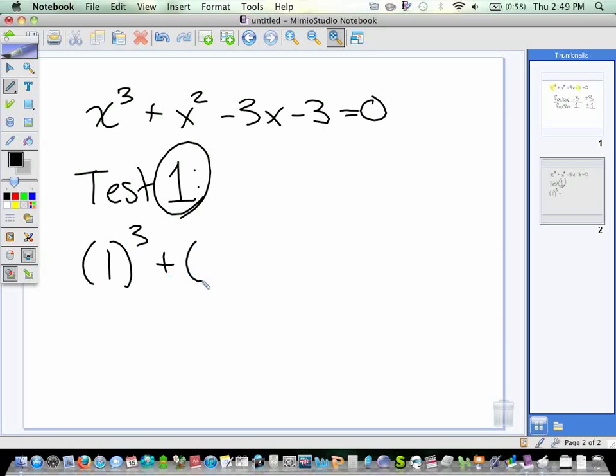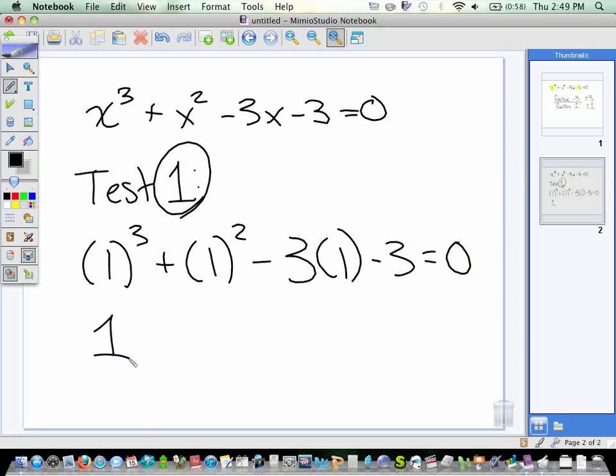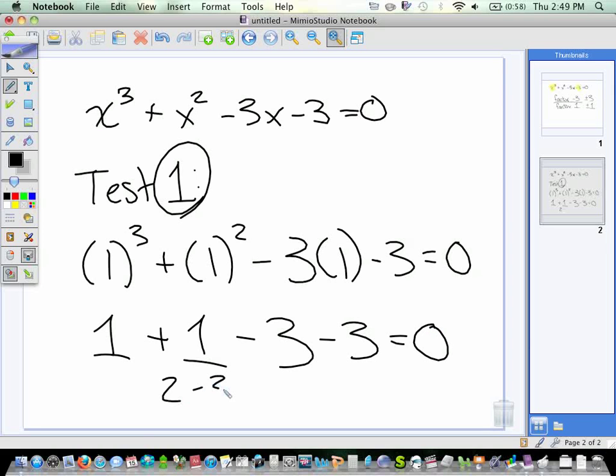So it's going to say 1 cubed plus 1 squared minus 3 times 1 minus 3 equals 0. I'm going to say, okay, 1 cubed is coincidentally 1, plus 1 squared, which is also 1, minus 3 times 1, which is -3, minus 3. 1 plus 1 becomes 2. 2 minus 3 is -1. -1 minus 3 is -4.